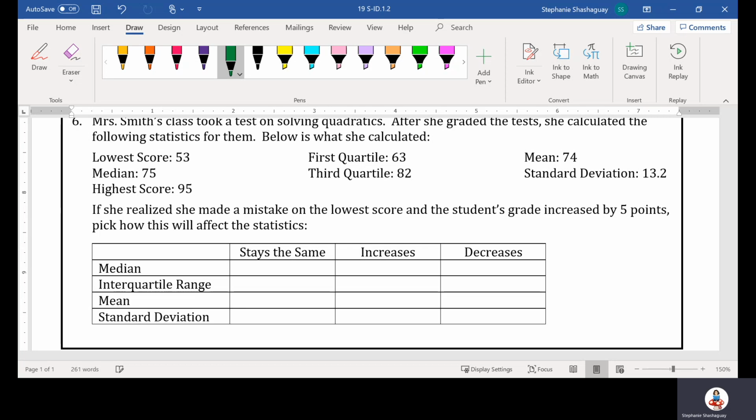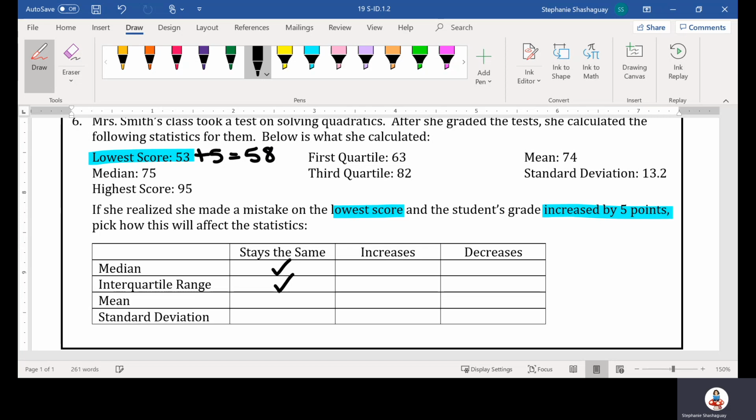So if she realized she made a mistake on the lowest score and the student's grade is increased by 5 points, so we're talking about the lowest score increased by 5 points, that's going to be 58. How will this affect the statistics? Well, the median here is going to stay the same. The interquartile range will stay the same because this is only affecting the lowest number.